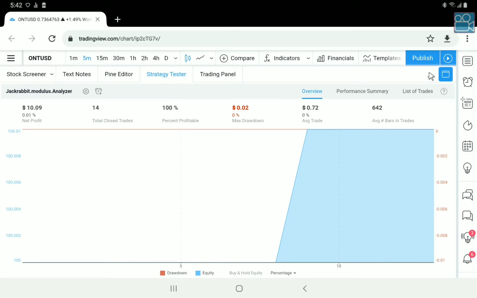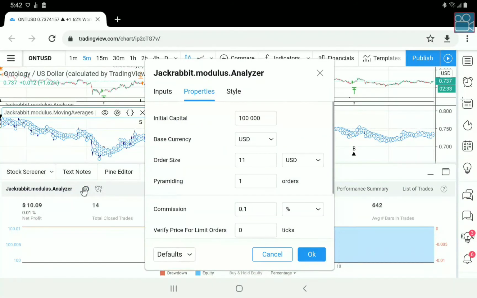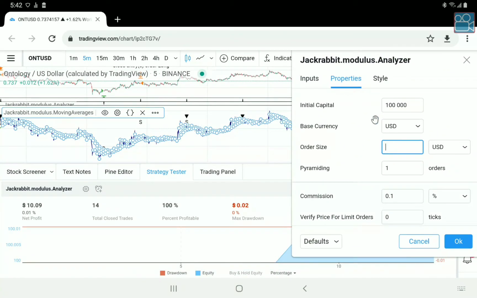So here I've set up with, I wanted a short term, I ended up with a long term. I'm only doing 14 trades in a 17-day period. So what happens if I take this up to $100 positions?